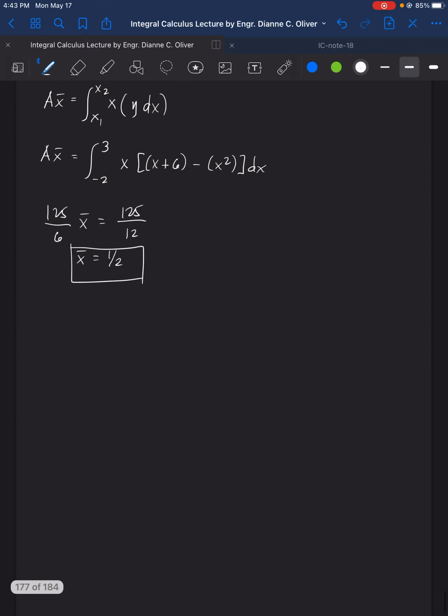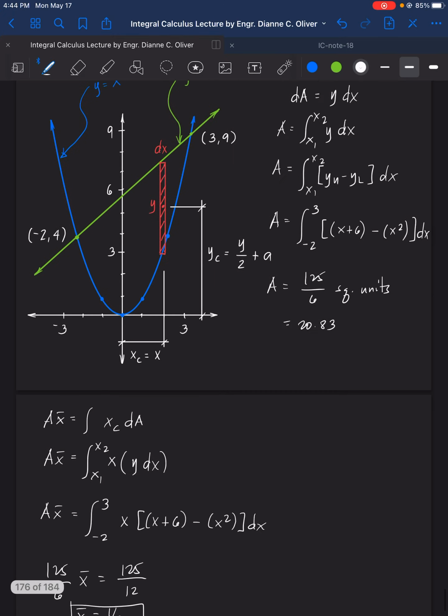Then for y bar, the general formula is yc dA. So A y bar is equal to the integral of, what is yc? yc is the distance from the center of the area strip to the point of origin along the y-axis. So yc is half of y plus a, the distance here.